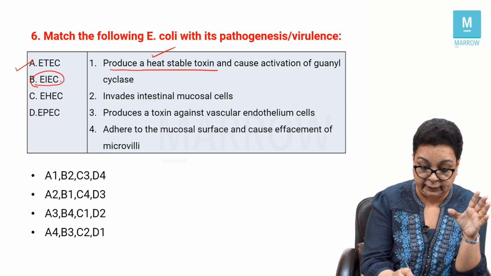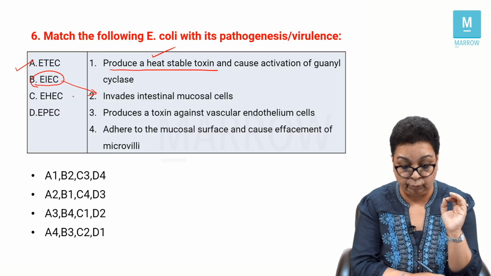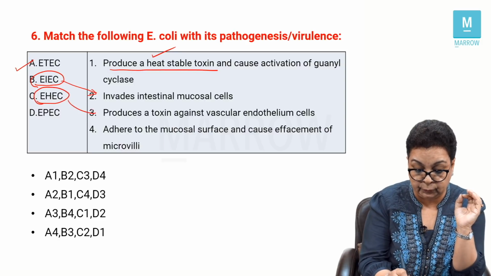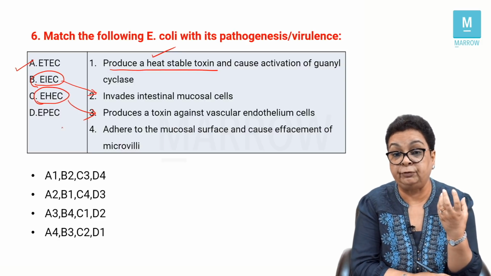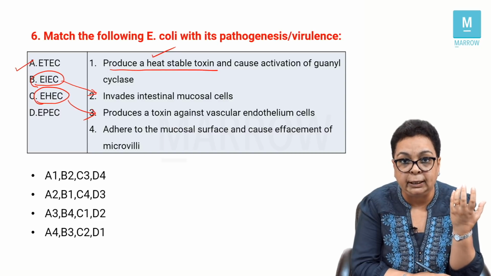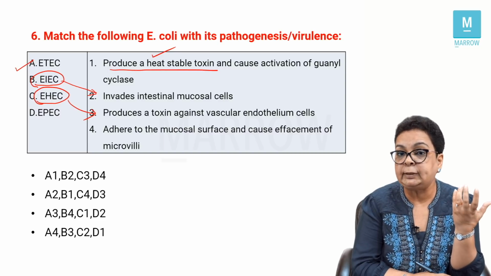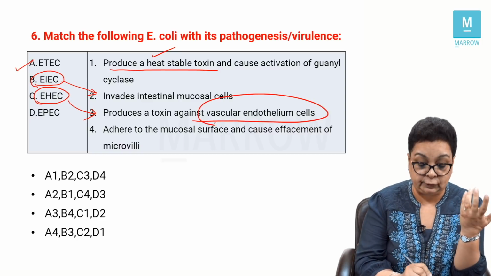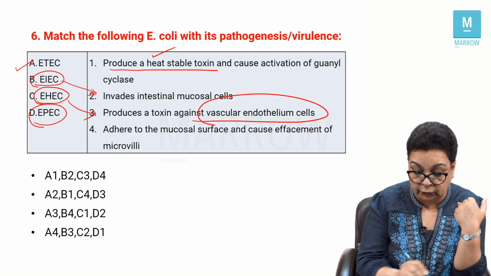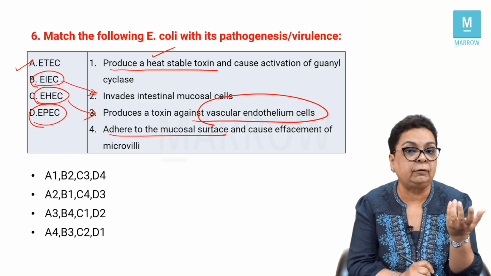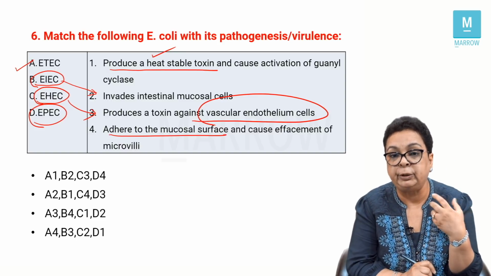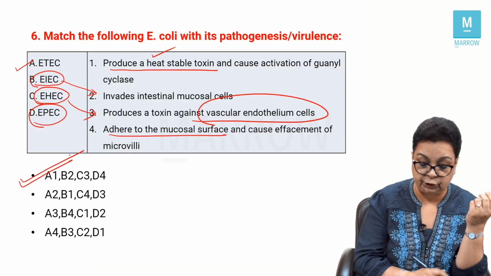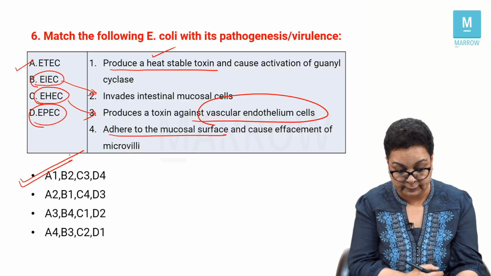Enteroinvasive E. coli invades the intestinal mucosal cells. Enterohemorrhagic E. coli produces a toxin acting on vascular endothelial cells, the verocytotoxin. That is its site of action. And enteropathogenic E. coli adheres to the mucosal surfaces and causes the attachment effacement effect. So our answer here is option first, right?